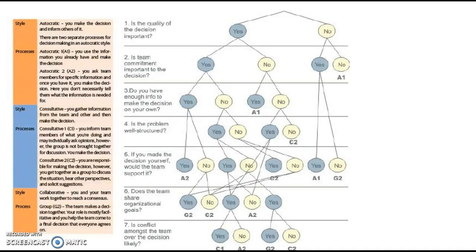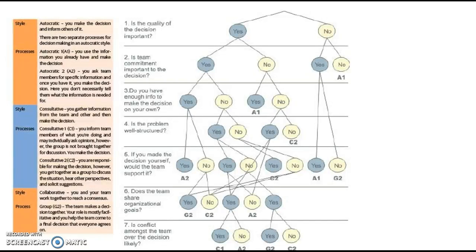Now, this is the normative decision model. I know, it looks a little crazy. But what you do is you have a problem that you're trying to solve, and you just answer yes or no as you go through.